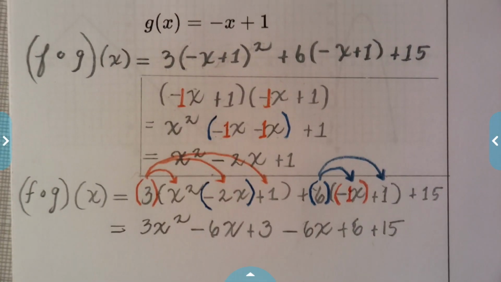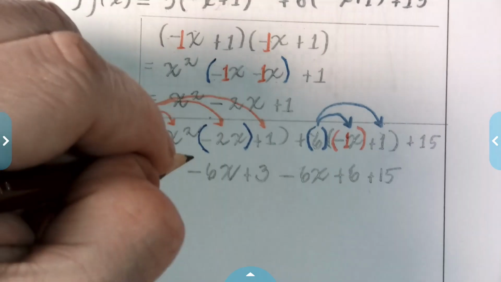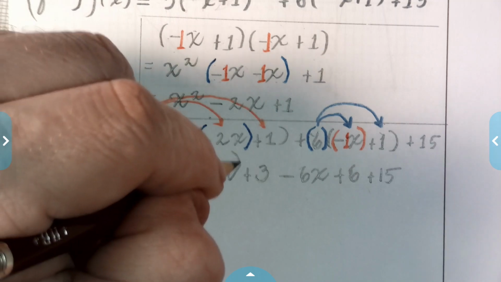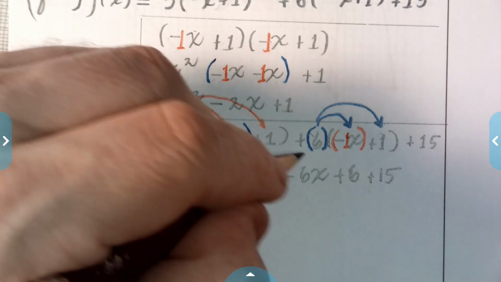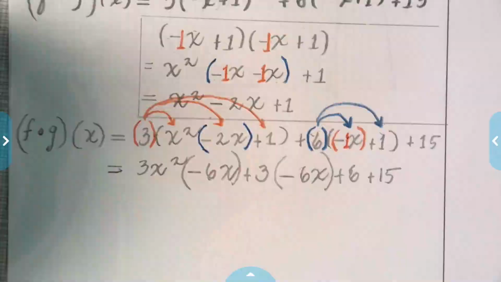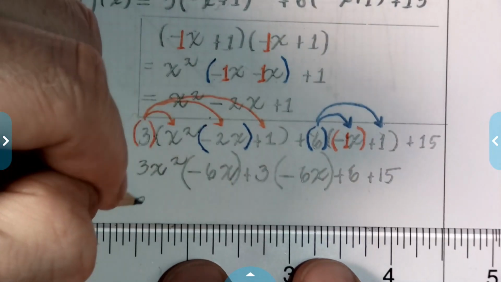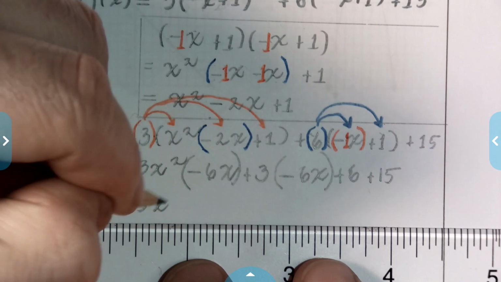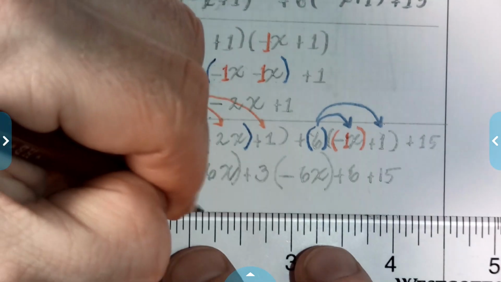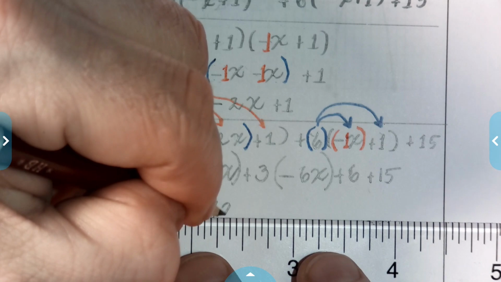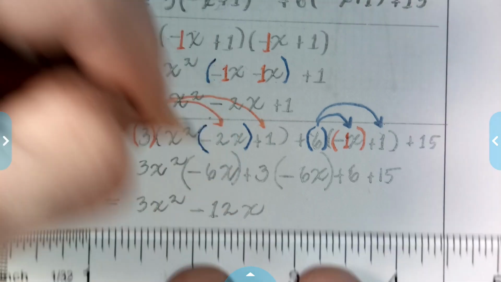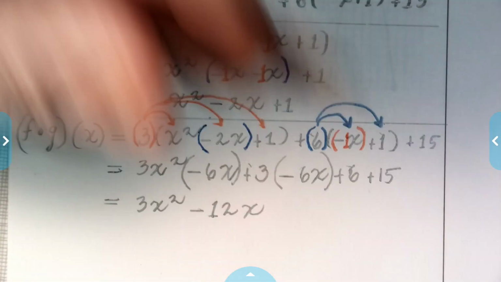Okay, so now it's about combining like terms. So I've got this negative 6 here and this negative 6 here. And so I've got 3x squared minus 12x. And then I've got 3 plus 6 plus 15.